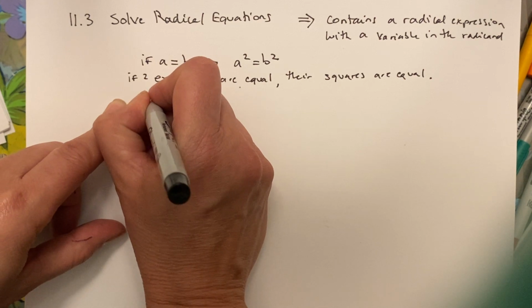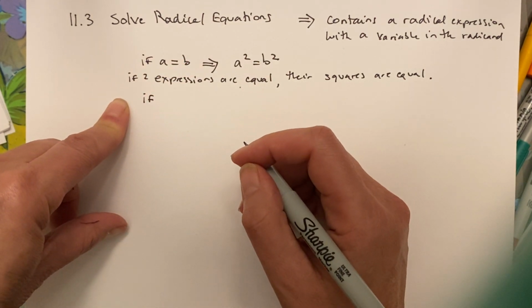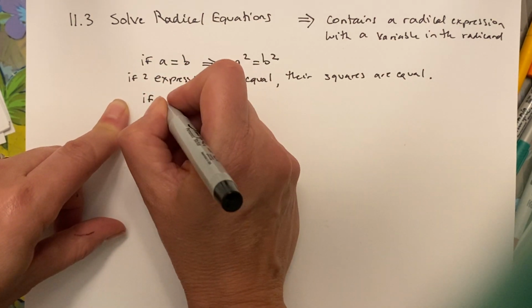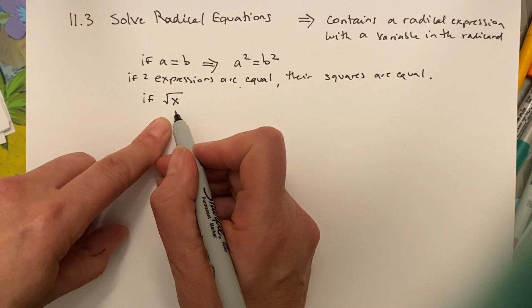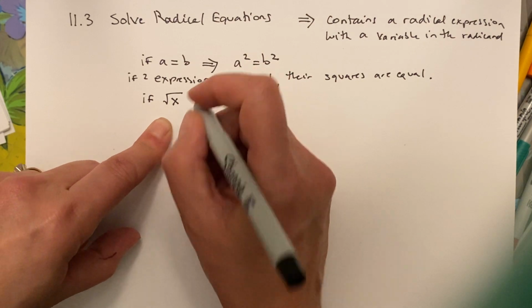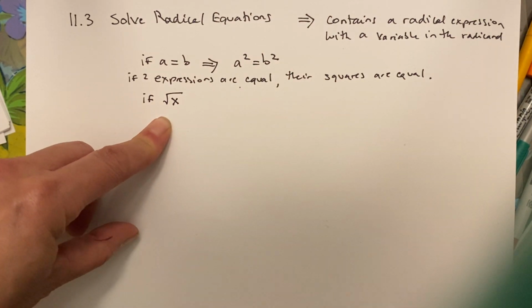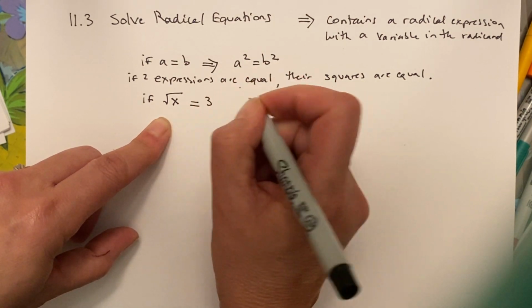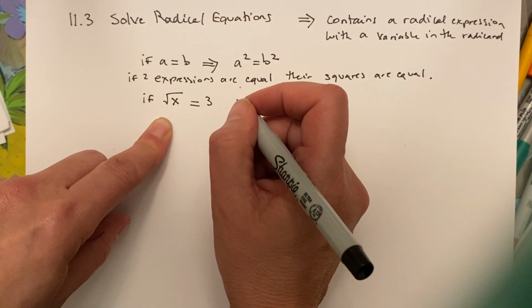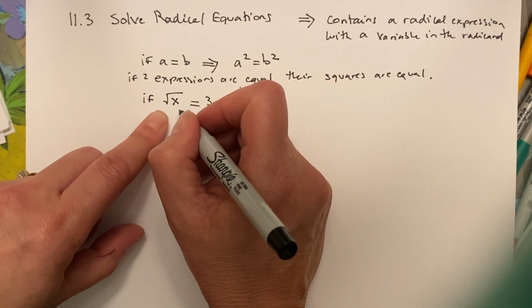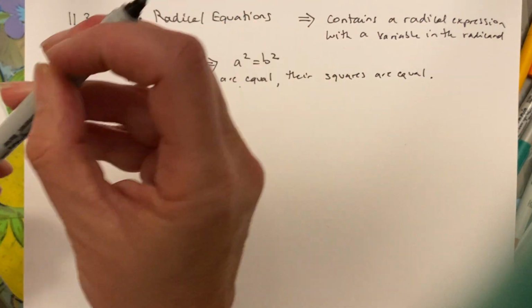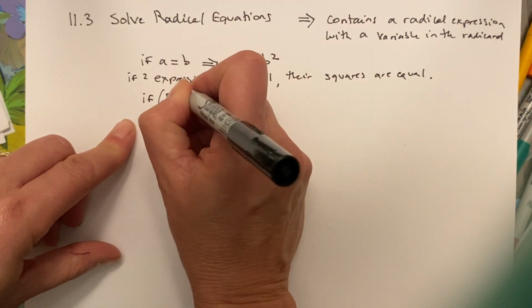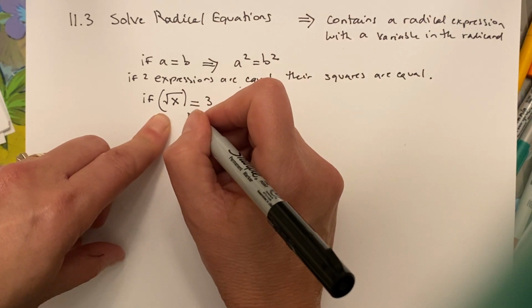If I end up with a square root of x where I have a variable in the radicand, how else am I going to solve for x, right? How do I do that? Well, you've seen some of this when we did chapter 10. The opposite of a square root is squaring.